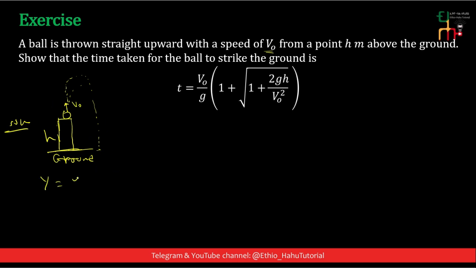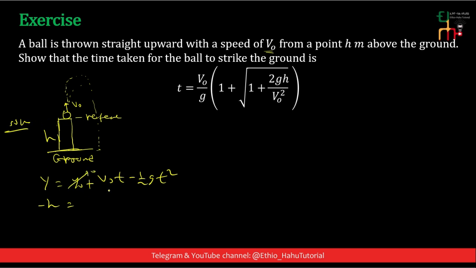Again, y = y0 + v0 t - (1/2) g t^2. Taking this as our reference point, y = -h, because below the reference point the ball falls h meters. That is -h, and y0 is 0, because the ball is thrown from the reference point.